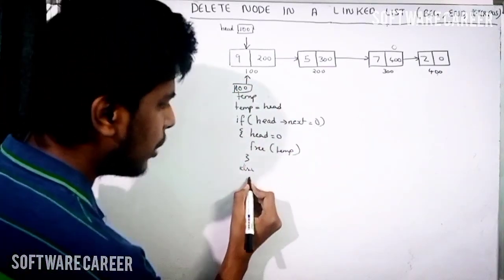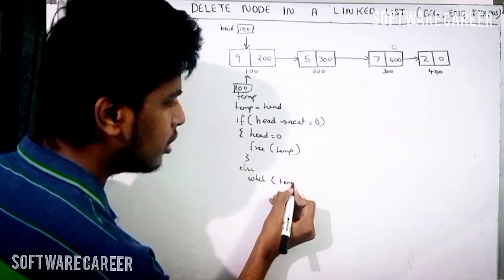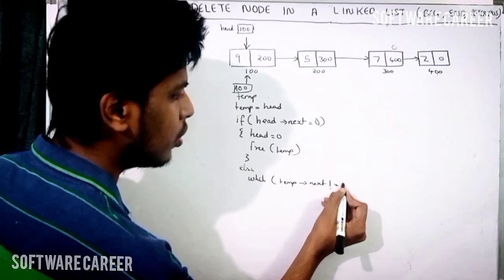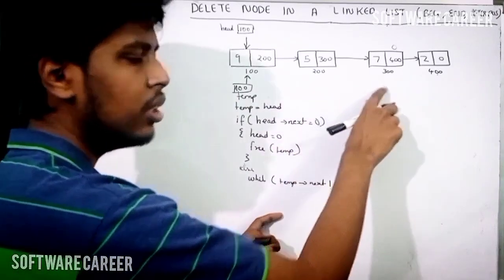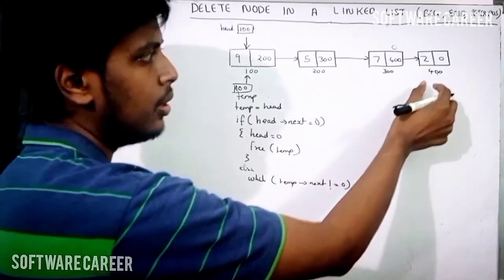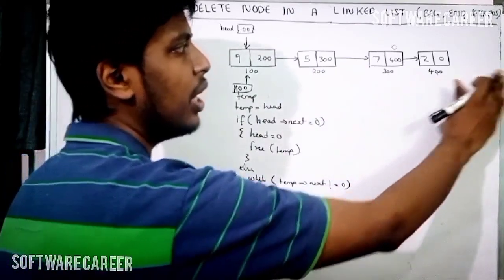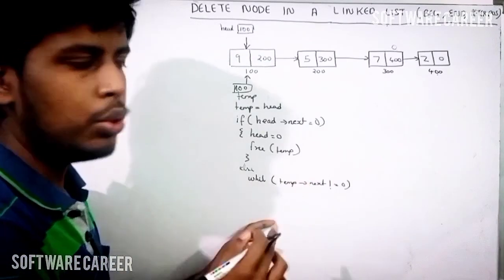Now I am writing the condition while temp next not equals to 0. What is this condition? I should move the temp pointer one node in the forward direction till it reaches 400. When temp is 400, I should not move again in the forward direction. So I should stop the temp pointer here. So how to stop?